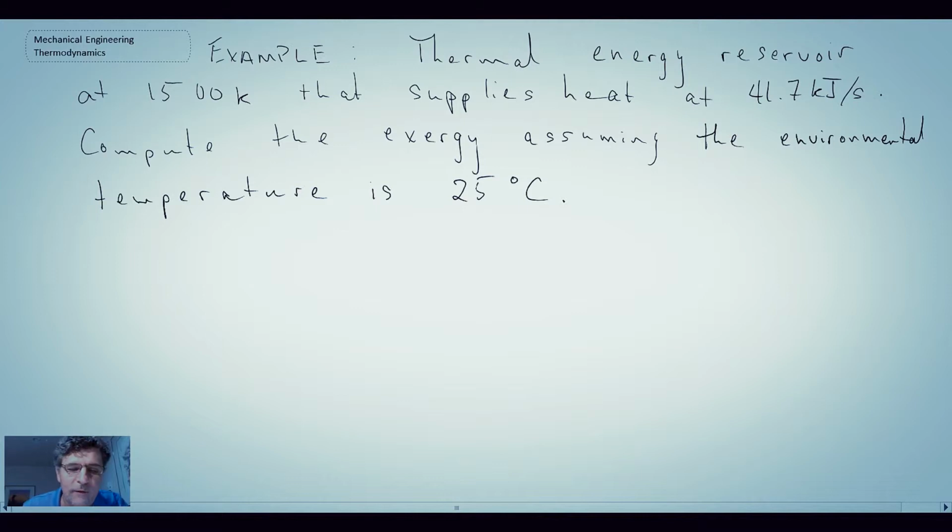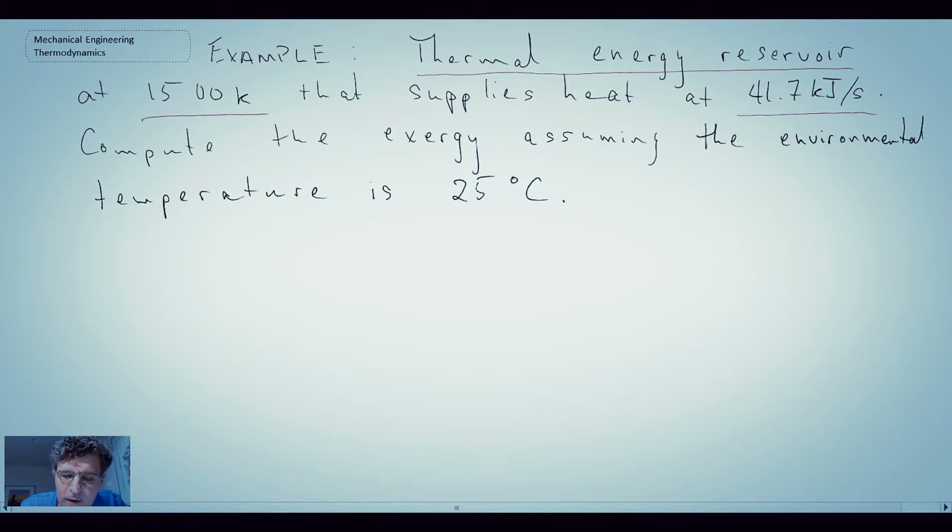So we have our problem statement, and we're told that we have a thermal energy reservoir. So we have a source at 1500 Kelvin, and it's supplying heat flow in the amount of 41.7 kilojoules per second.